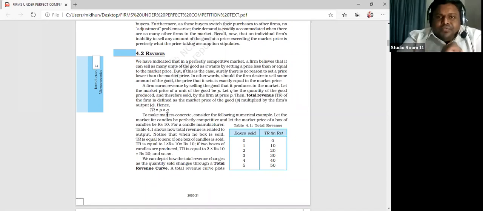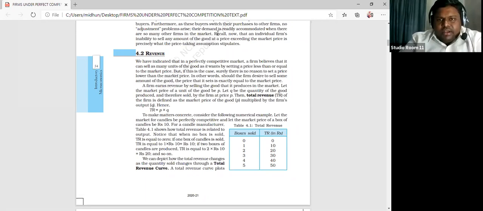If this is the case, surely there is no reason to set a price lower than the market price.